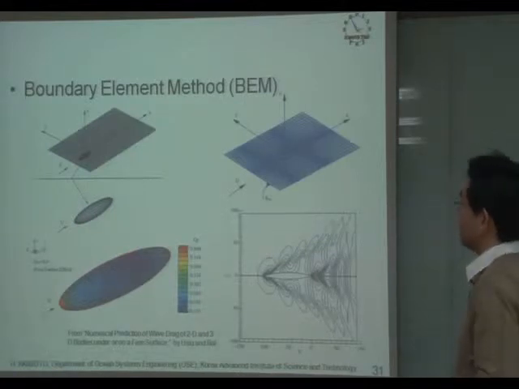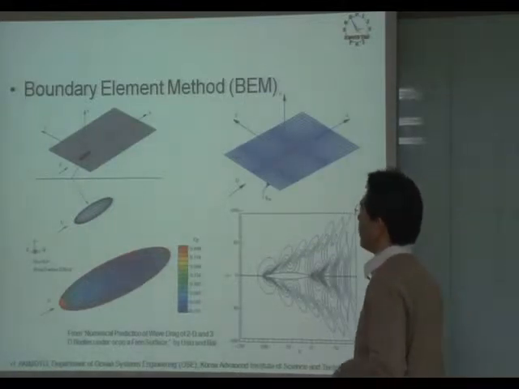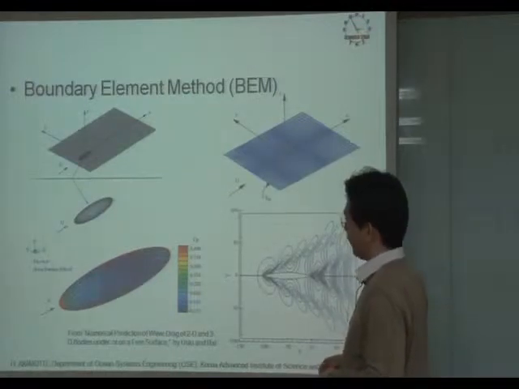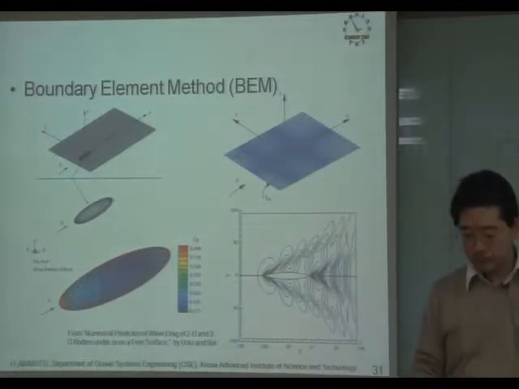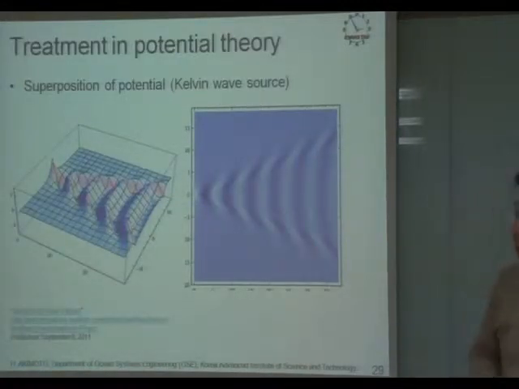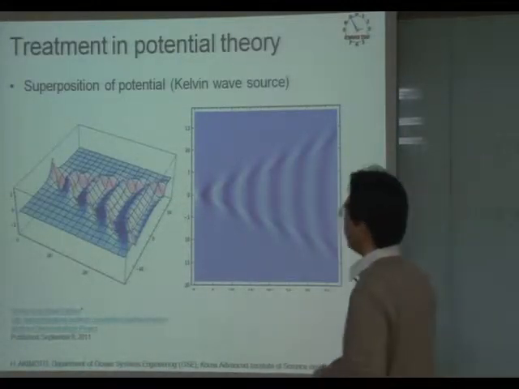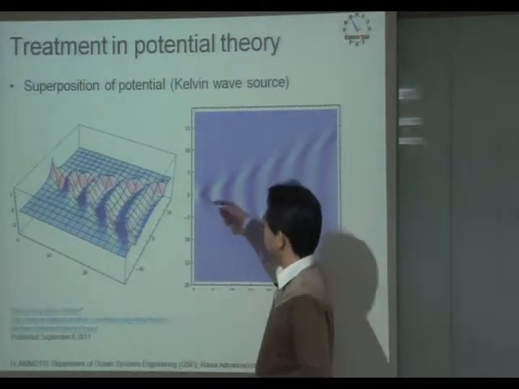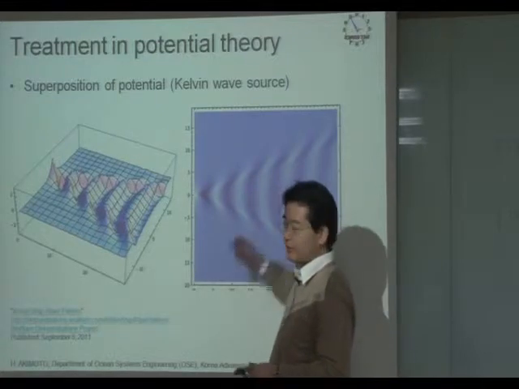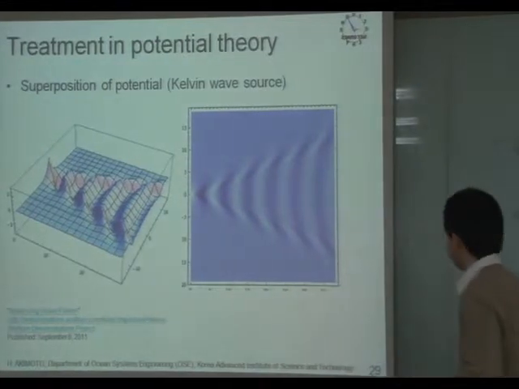This shows a more sophisticated version of potential theory. In the previous one, the Kelvin wave source is only placed on the reference axis.